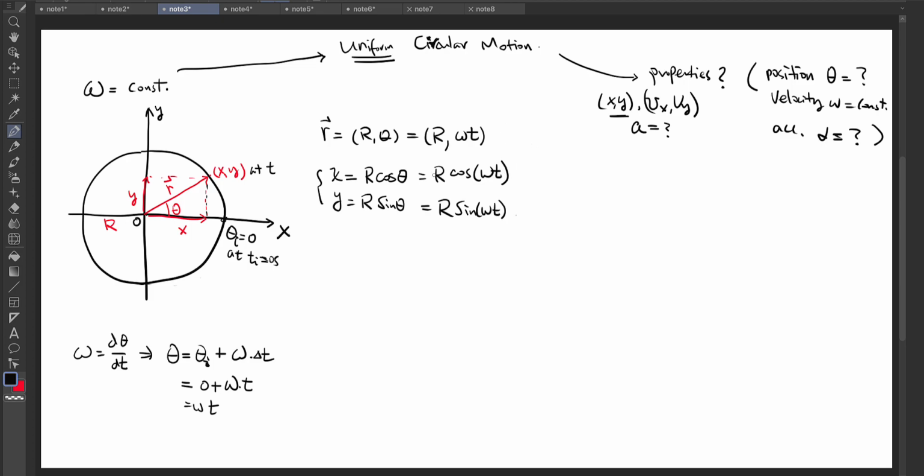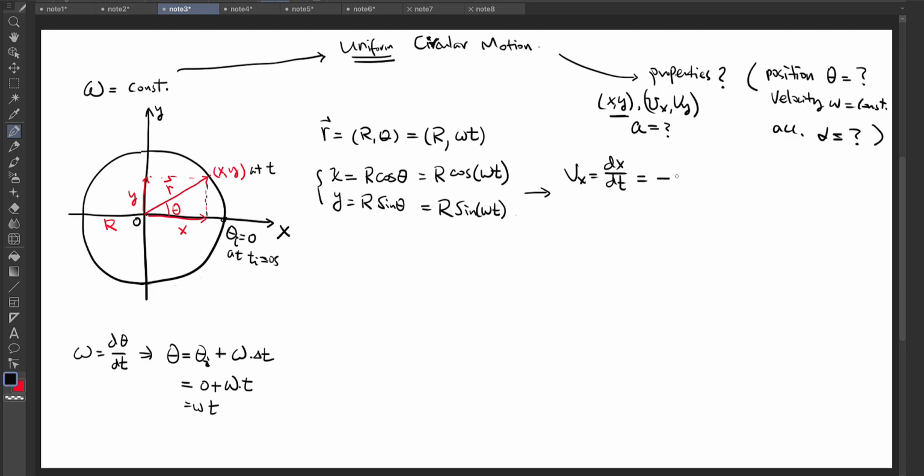Now we do know the velocity as a function of xy. vx is dx dt, so I simply take the derivative of the previous expression. The derivative of the cosine function will give us a negative sign. It also brings out the factor omega to the front.